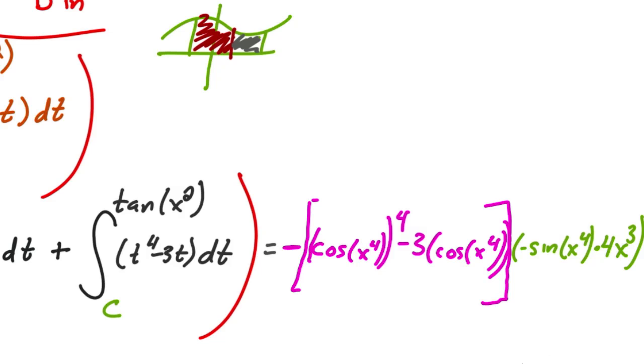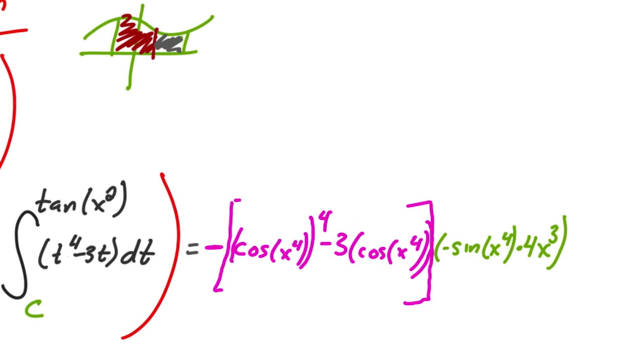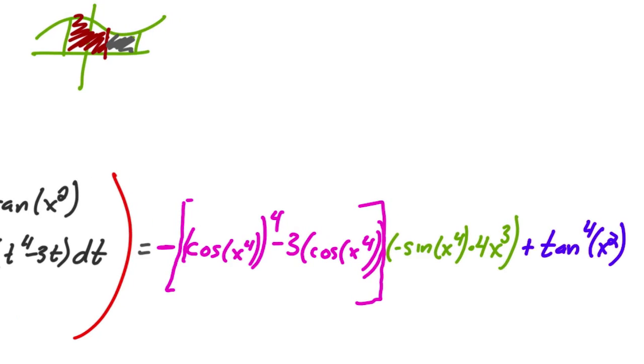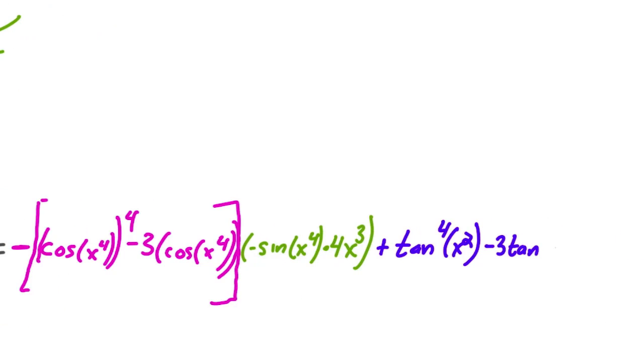Okay, now for the next one, the same exact thing. You're going from a constant to tangent, so we're going to use the chain rule. And so the first part says plug in tangent of x squared inside each one of these. So I have plus tangent to the fourth of x squared, minus 3 tangent of x squared.